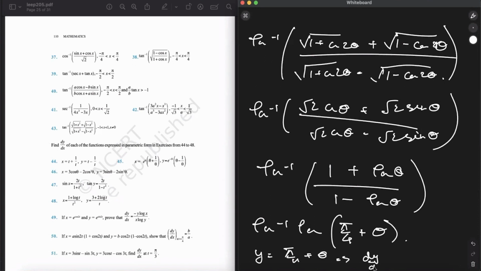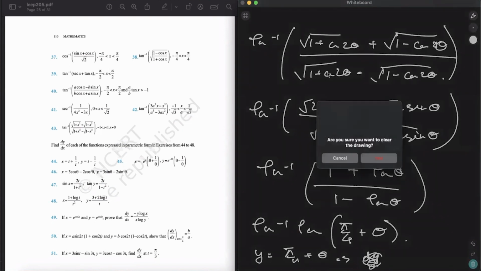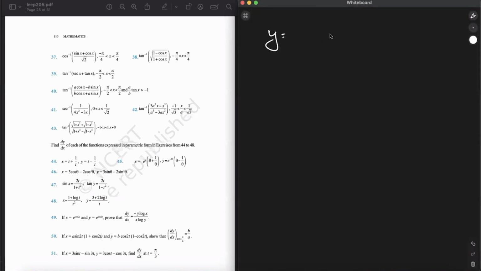And dy by dx. Oh, not yet. y is equal to pi by 4 plus theta. But what is theta equal to? I had put x square is equal to cos 2 theta, so theta will be equal to half cos inverse x square.